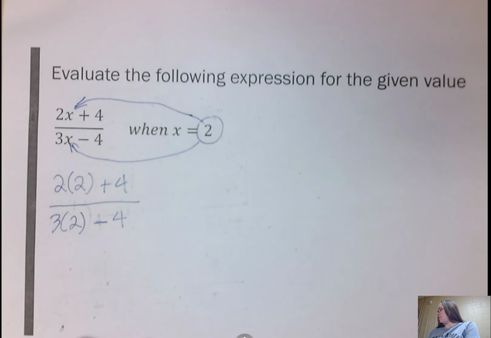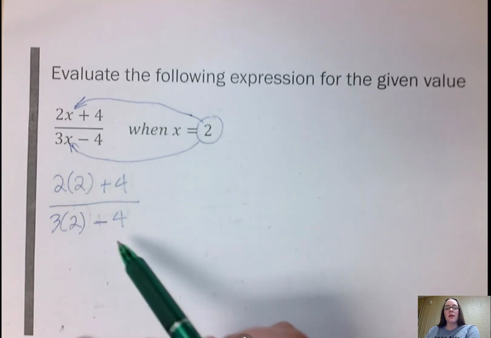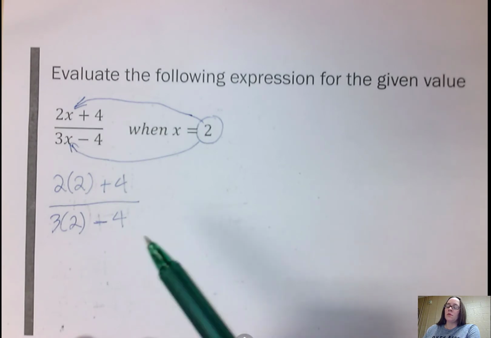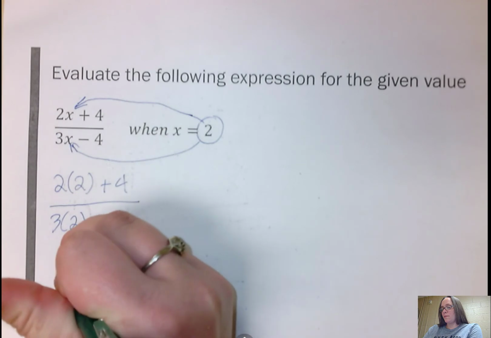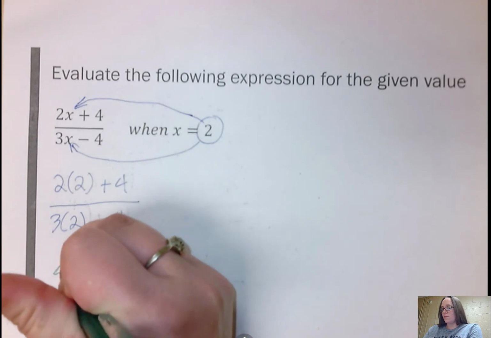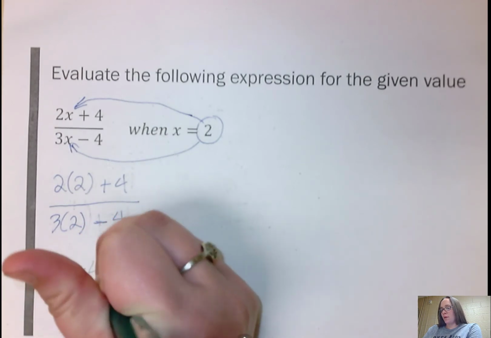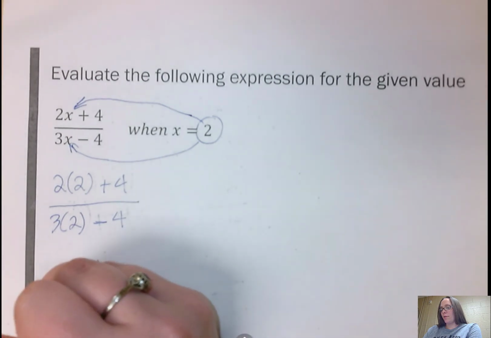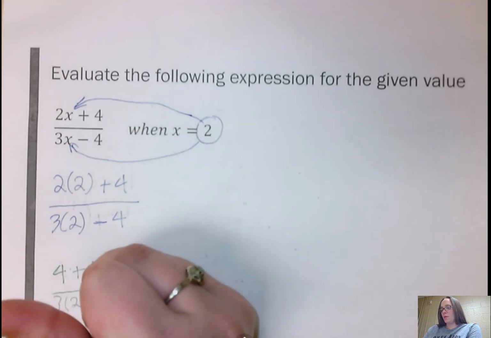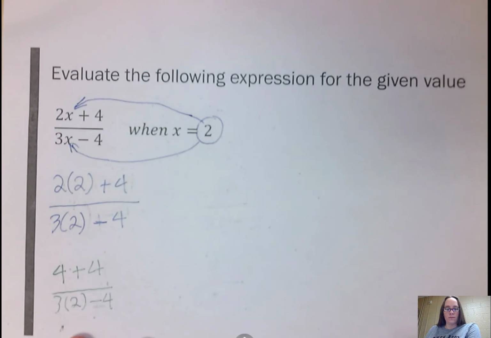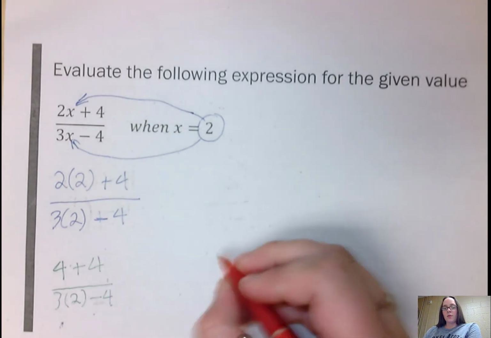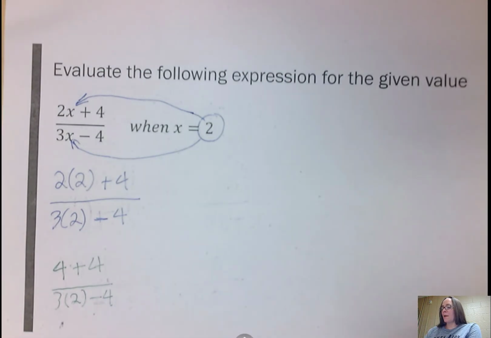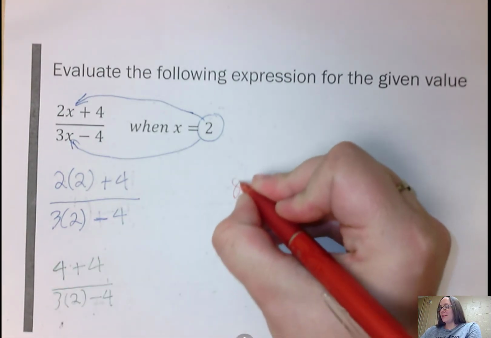I am going to work the numerator first and then the denominator. 2 times 2, which is 4, plus 4 over our 3 times 2 minus 4. So now I'm going to move over to this spot here. 4 plus 4 is 8.